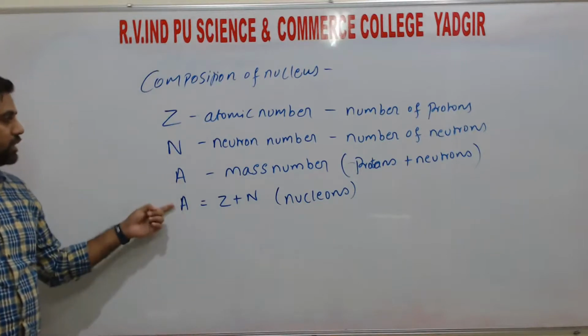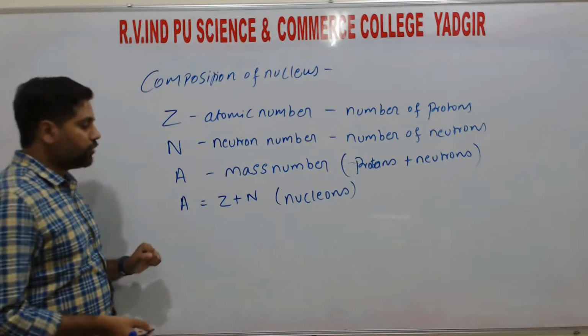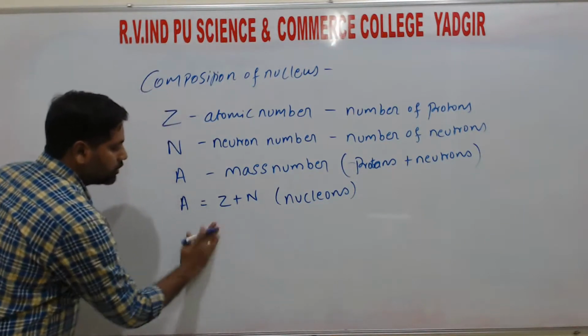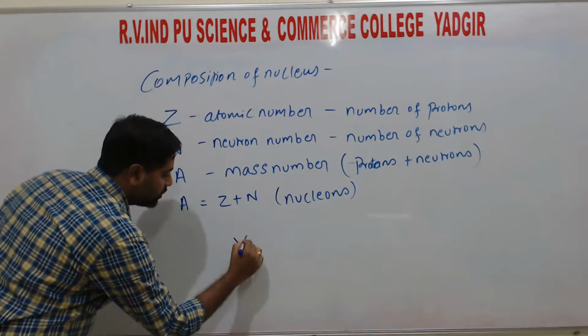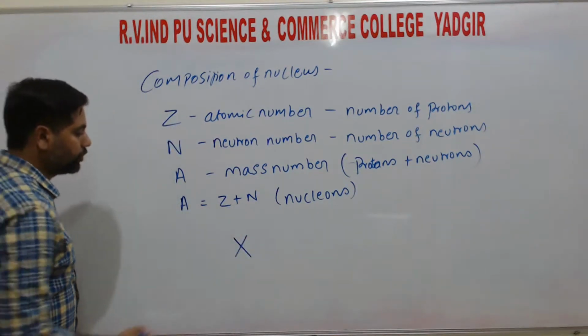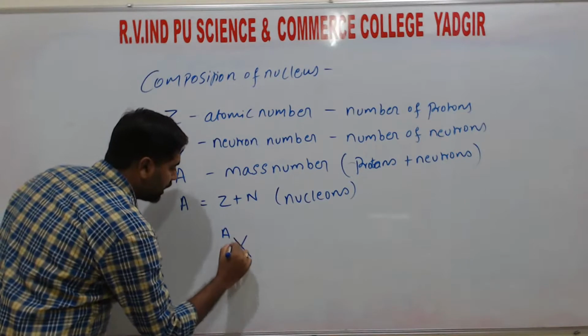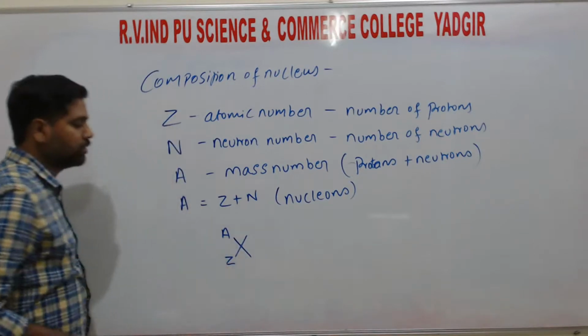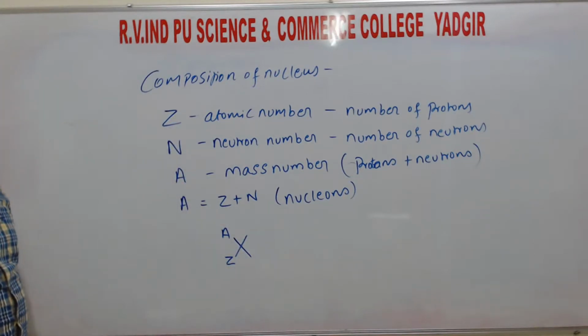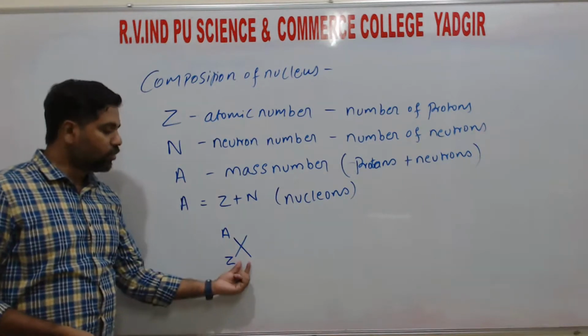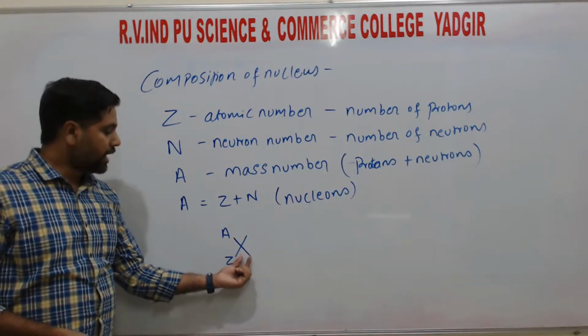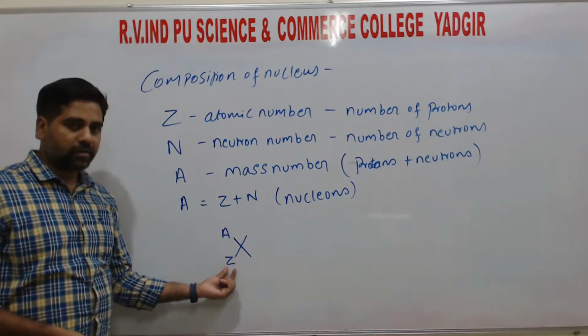By using this, the composition of the nucleus can be represented by the symbol X with A and Z, right? The composition of the nucleus is symbolically represented as X, A, Z.